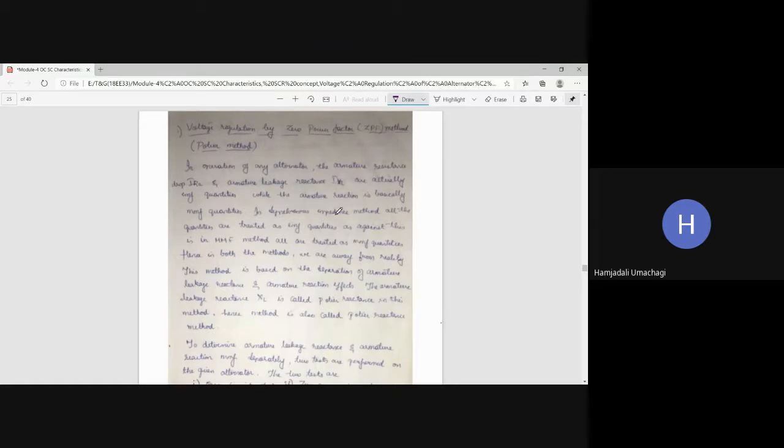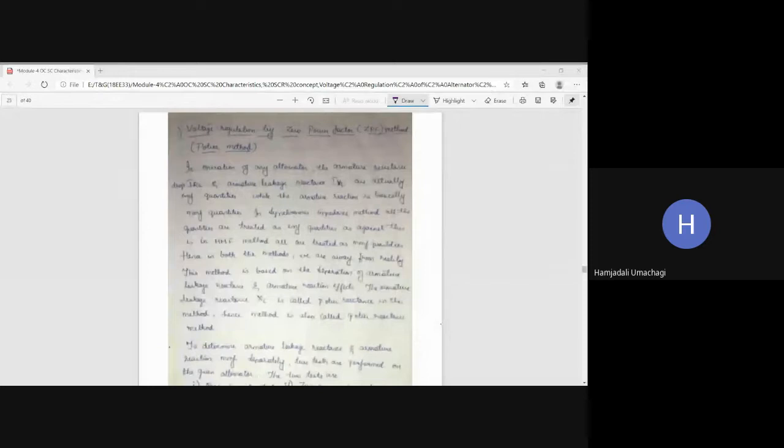In the synchronous impedance method, all the quantities are treated as EMF quantities, as against this, in the MMF method all are treated as MMF quantities. So the drops because of armature resistance, armature leakage reactance and armature reaction reactance are all treated as EMF quantities in the EMF method, whereas in the MMF method they are treated as MMF quantities, which is not a true fact.